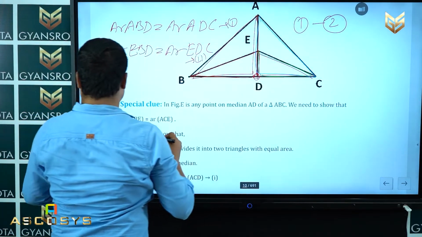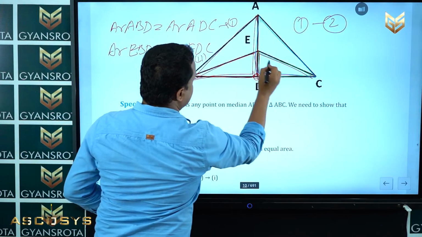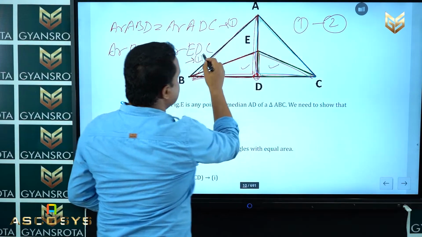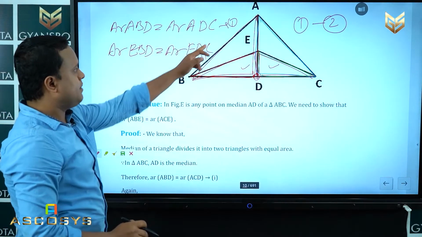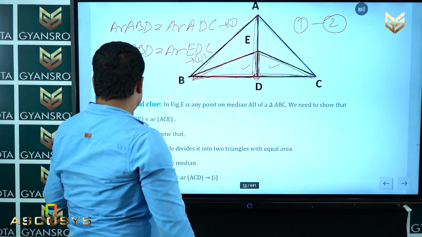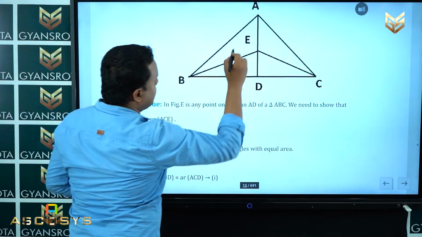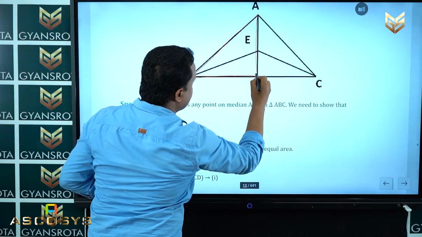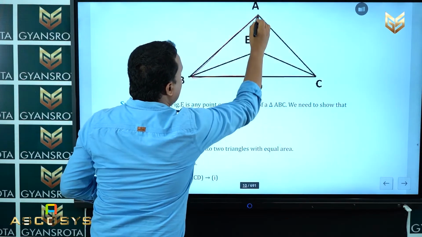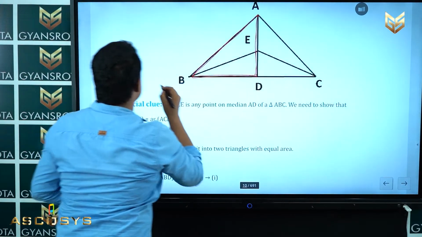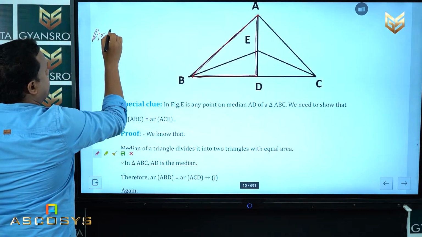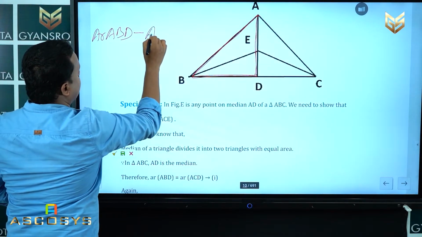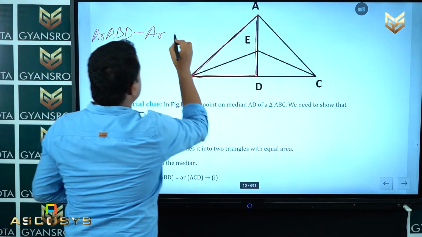If we do 1 minus 2, we are subtracting the area of this triangle from the area of this whole triangle ABD: area of ABD minus area of EBD.